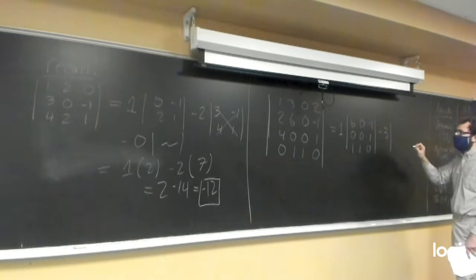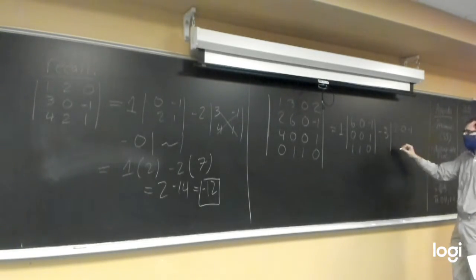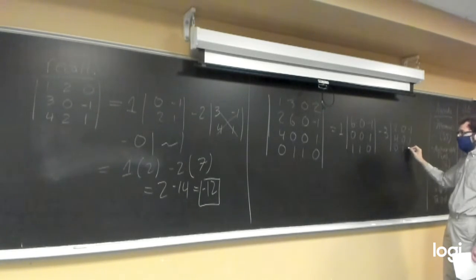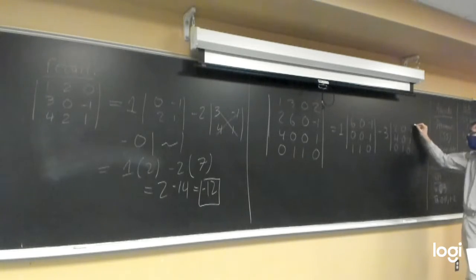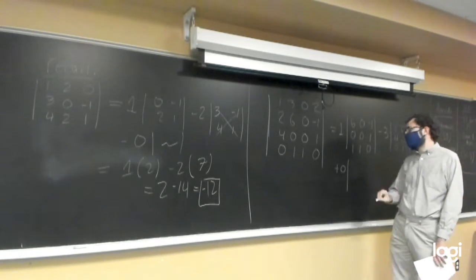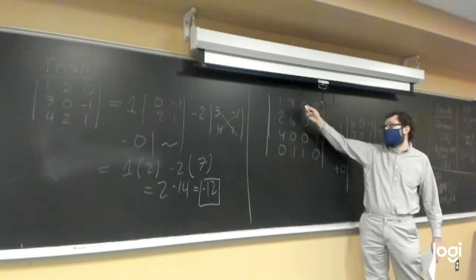So minus 3 times the determinant of 2, 0, -1, 4, 0, 1, and 0, 1, 0, plus 0 times the determinant of what we get if we removed top row, third column.